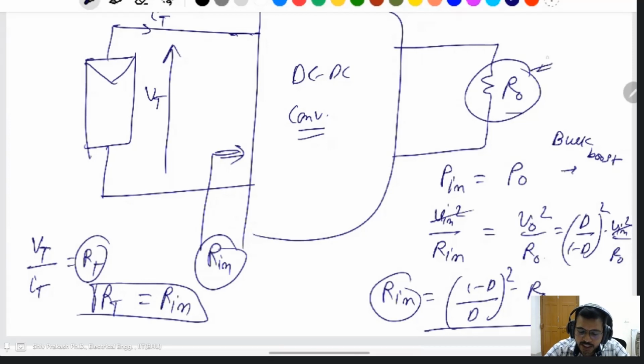But you can't change the load, or the load resistance is fixed. Then you only change the duty cycle. By changing this, R in changes, compared to RT. If this matches at any point, then you will get the maximum power from the solar. This is the phenomenon of taking the maximum power from the solar system.